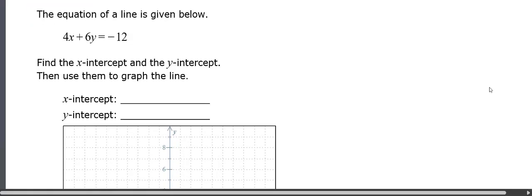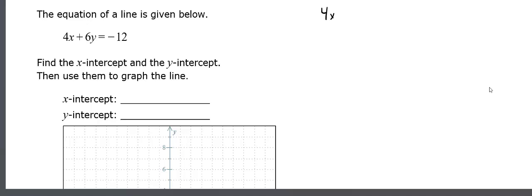The equation of the line is given below. 4x plus 6y equals -12. We're asked to find the x and y-intercept, then use both the x and y-intercept to graph the line. So remember, when we're finding the x-intercept, we're going to substitute 0 in for y.